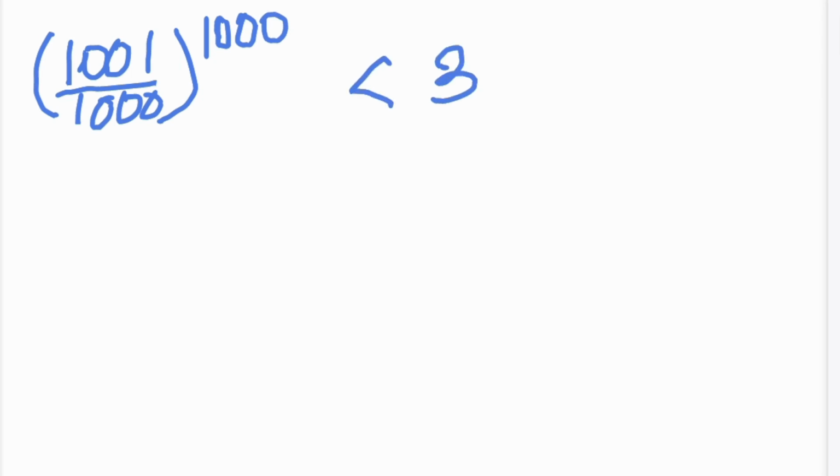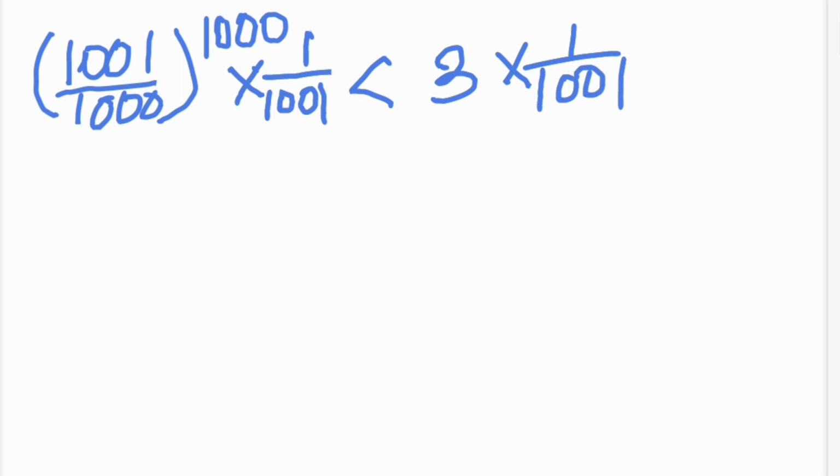So guys, we need to multiply both sides by 1 over 1001 because initially we had 1001 raised to the power 999, right? But we did this by using 1000 exponent, right? (1001 over 1000) whole raised to the power 1000 into 1 over 1001 less than 3 into 1 over 1001.